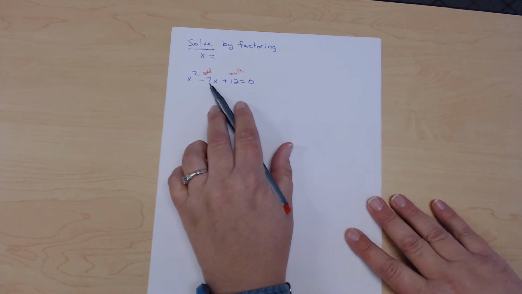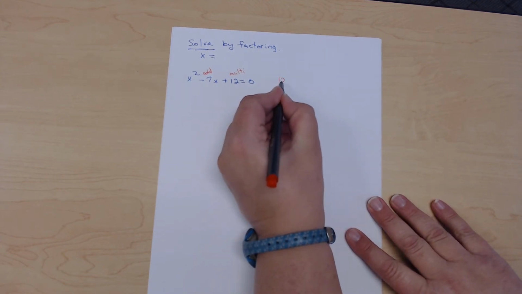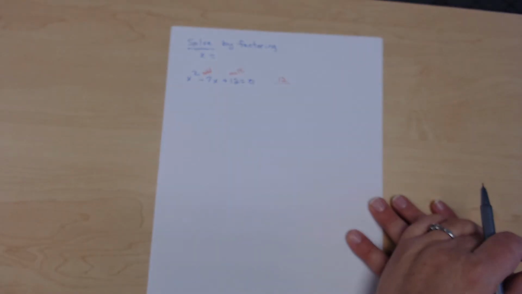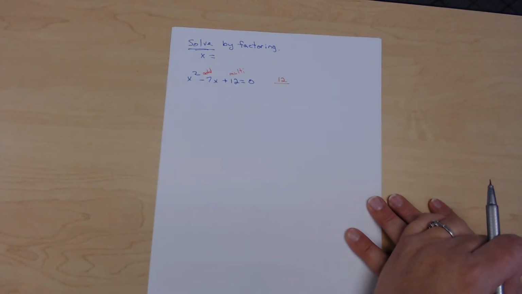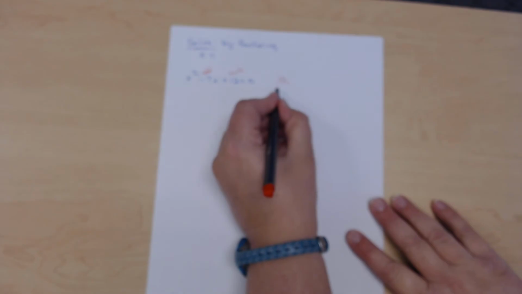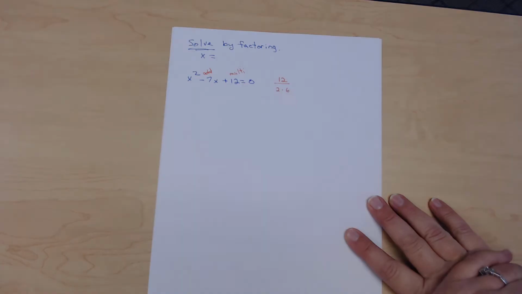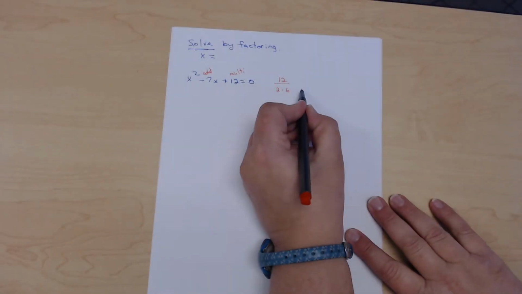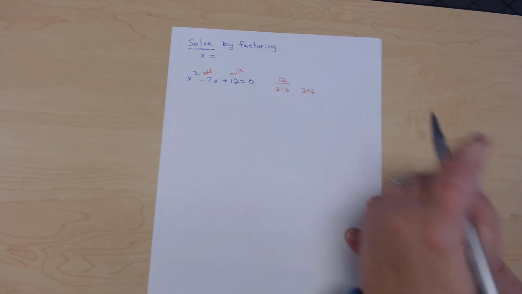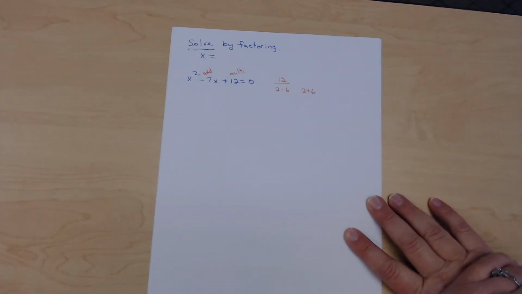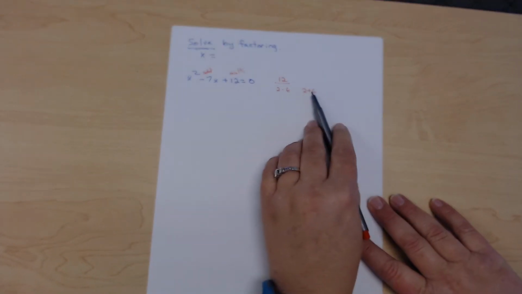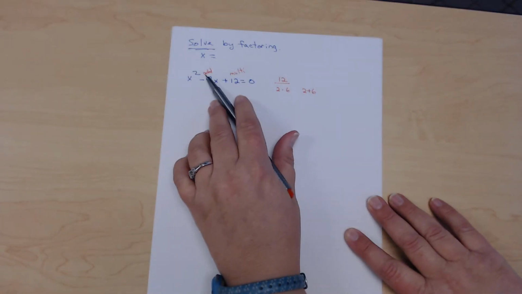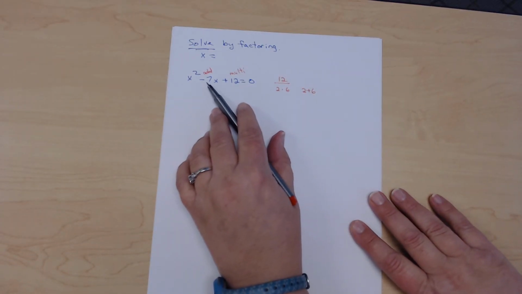So you just have to go off to the side and start thinking what times what gives me 12. Now, some of you might say 2 times 6. Okay, but what is 2 plus 6? 2 plus 6 gives me 8, and I'm actually looking for -7.